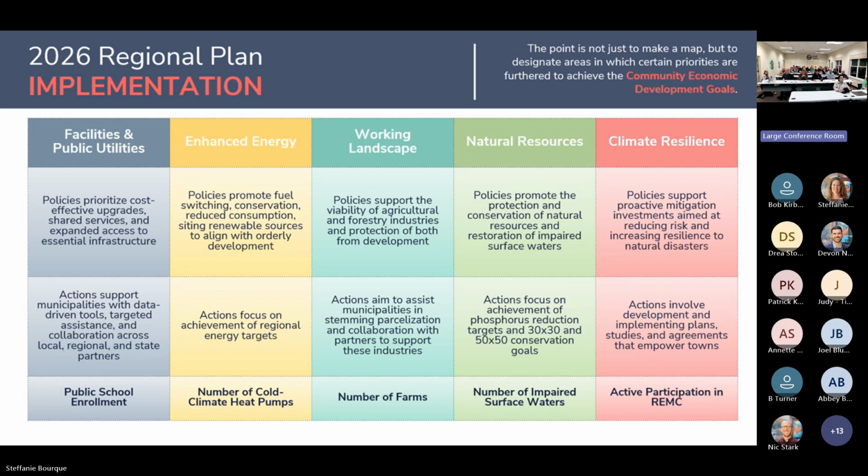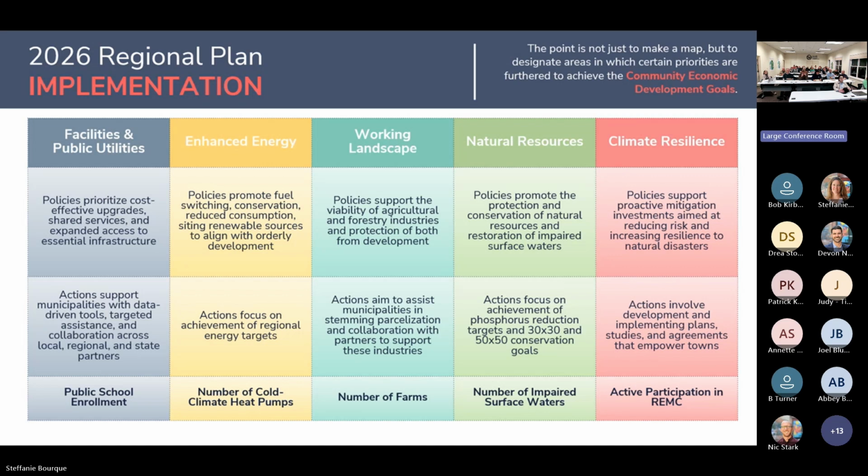For enhanced energy, we have policies that promote fuel switching, conservation, reduced consumption, and siting renewable sources to align with orderly development. And the actions focus on achievement of regional energy targets. Targets in many cases for housing or enhanced energy have been established by the state, right? So not necessarily targets that we as a regional planning commission are creating. And so our annual indicator for enhanced energy is the number of cold climate heat pumps.